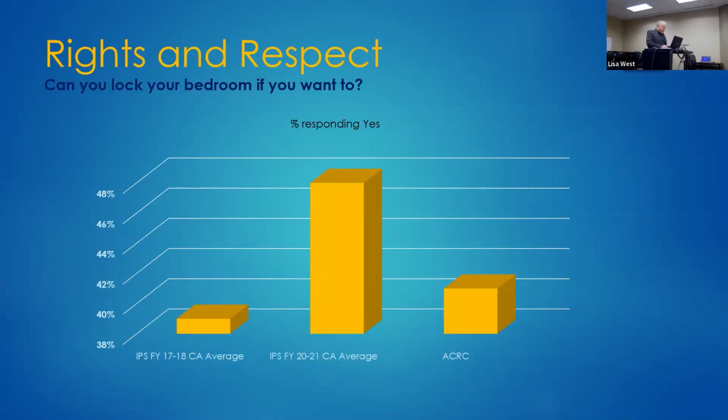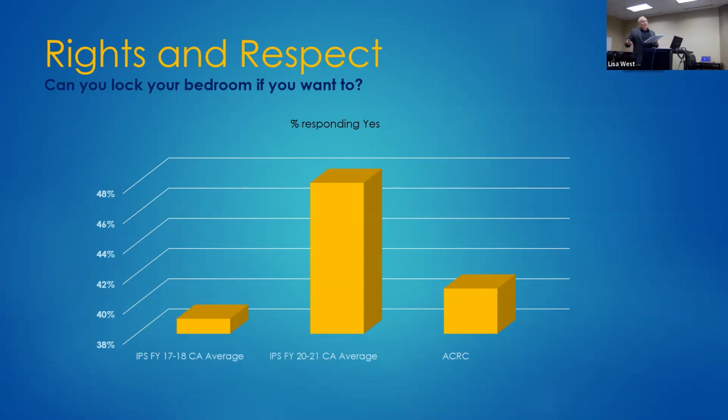Comparing rights and respect across those other categories of similar sized regional centers and neighboring regional centers, again, where Alta was coming in at 41% of clients responding yes, and the statewide average being 48%. Our neighboring Northern California regional centers also had response rates at 49%.